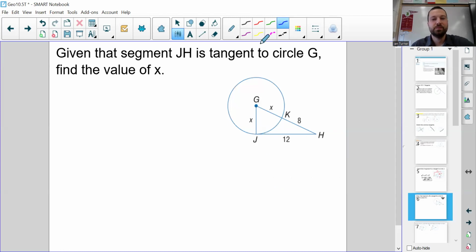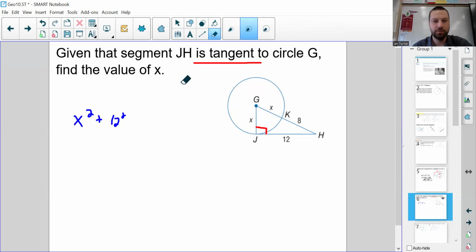Oh, here we go, kids. Okay, so given that segment JH is tangent, there's a tangent line here, so this is a right angle. So we can do the Pythagorean theorem. This looks like an interesting setup, though. You guys see where we're going here? So we get x squared plus 12 squared equals, what is our hypotenuse?